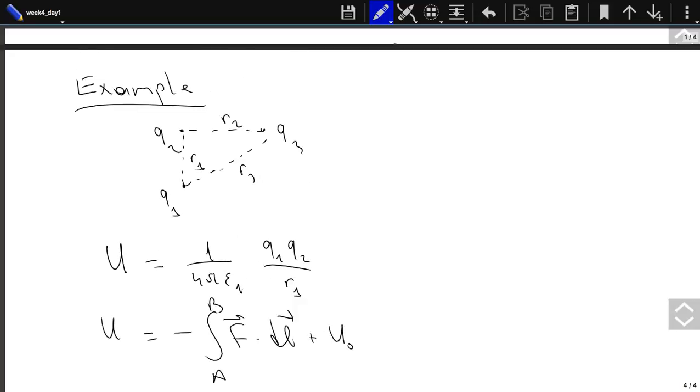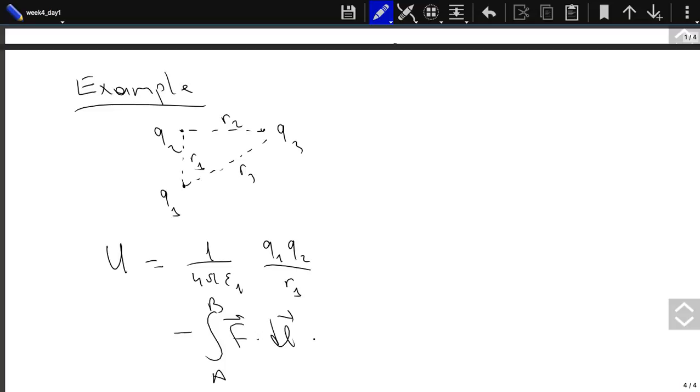This was how we had defined. Well, this is basically the work that we have to do. But we know the force acting on Q3 is nothing but the sum of the forces due to Q1 plus the force due to Q2.